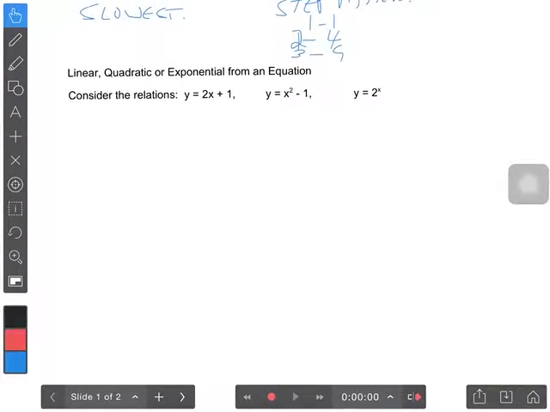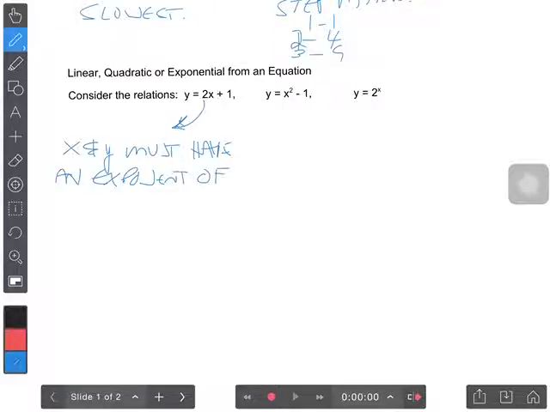With equations, it's very, very simple to remember. So for linear, x and y must have an exponent of 1, and be in the numerator.